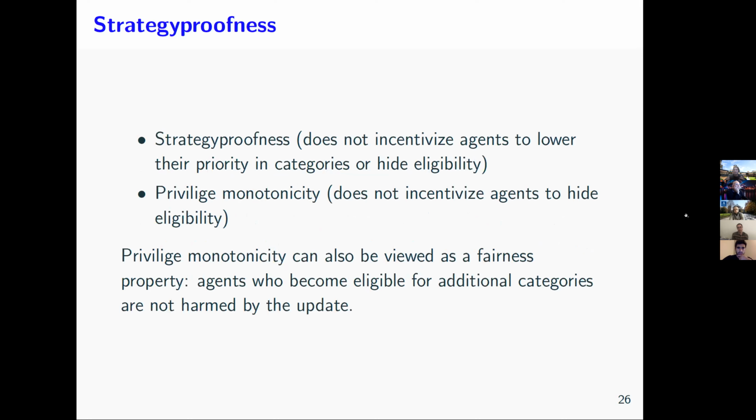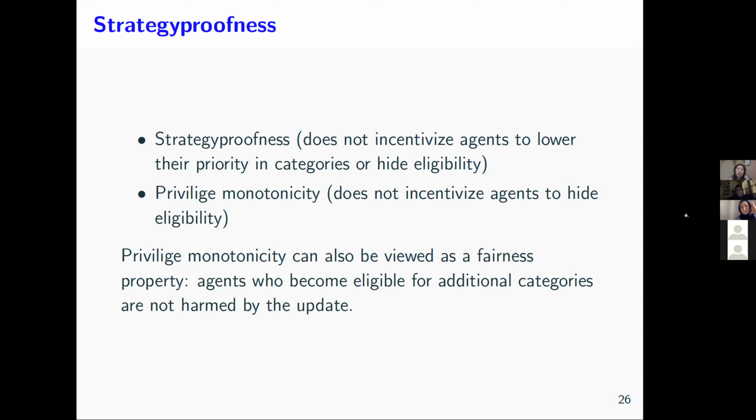Since agents are simply indifferent among all categories or units of all categories, agents may have some incentive to lower their priority in a category. This could be the case if not in healthcare, it can be the case in school choice. And agents can also have some option of hiding eligibility of some categories. So ideally, we want a rule which does not incentivize agents to misreport any of this information.